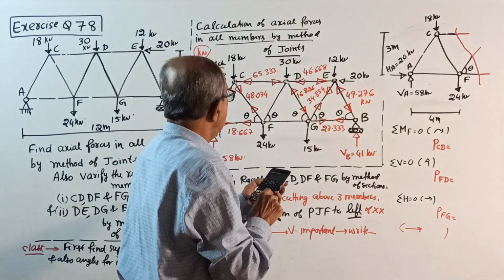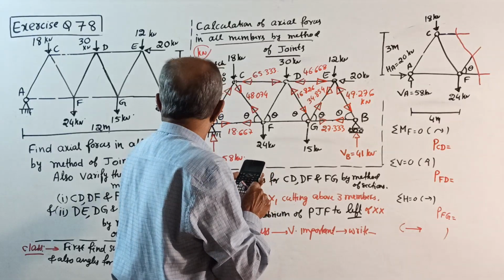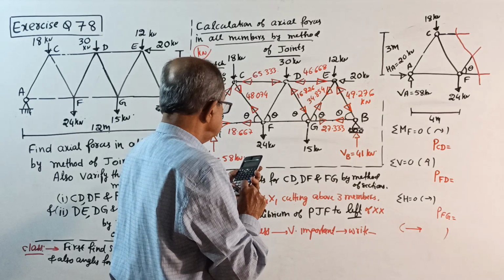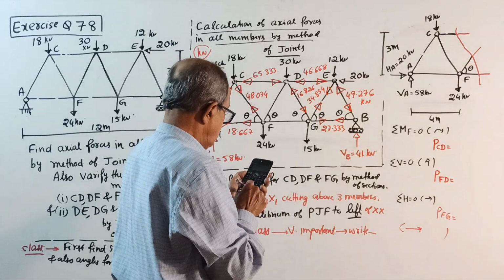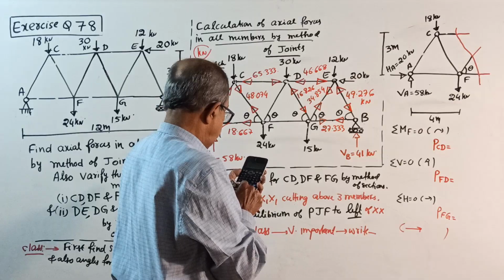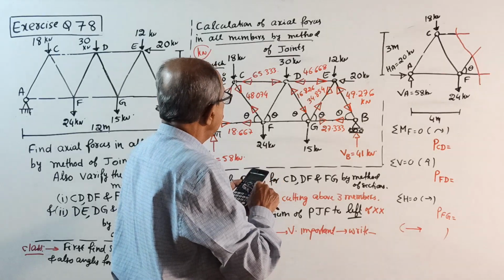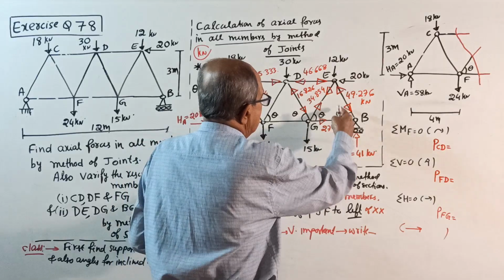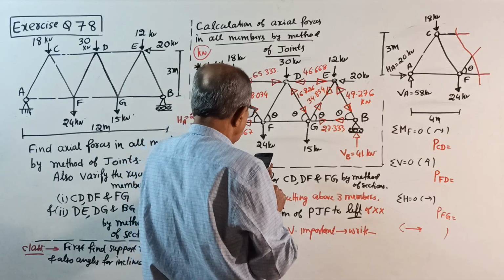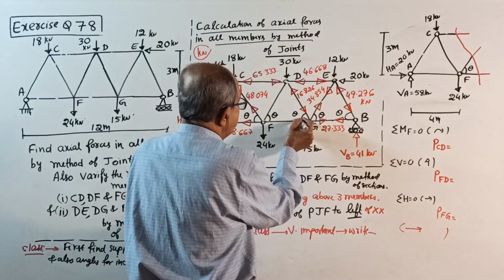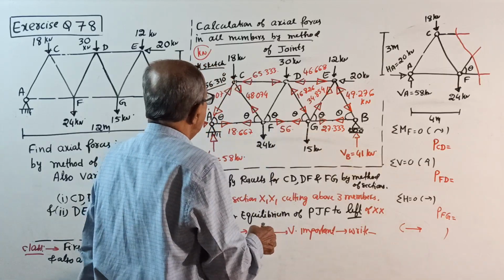Then 16.826 into cos 56.31 is 9.33, the right side, plus 34.854 into cos 56.31, total is 28 point something, correct answer. Then plus 27.333 is 55.999, 56. Now, next I will come to this joint.